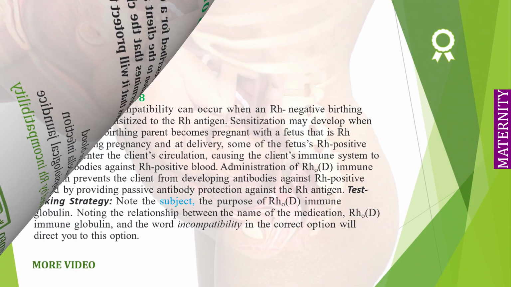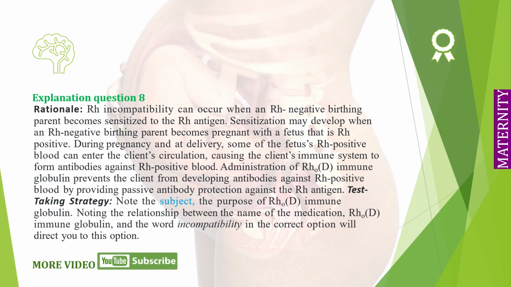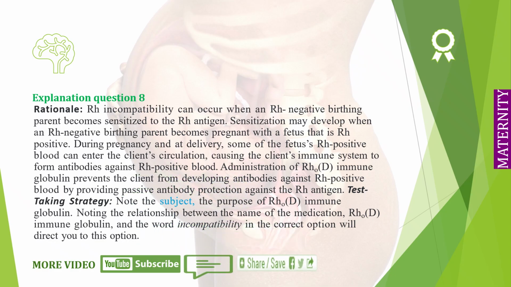Explanation. Question 8. Rationale. Rh incompatibility can occur when an Rh-negative birthing parent becomes sensitized to the Rh antigen. Sensitization may develop when an Rh-negative birthing parent becomes pregnant with a fetus that is Rh positive.